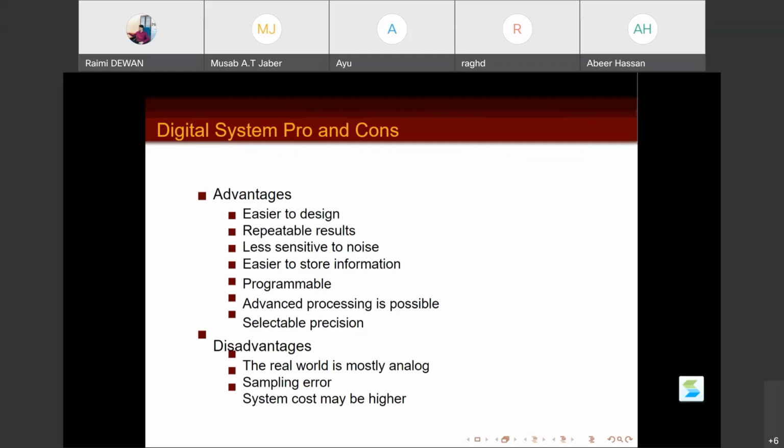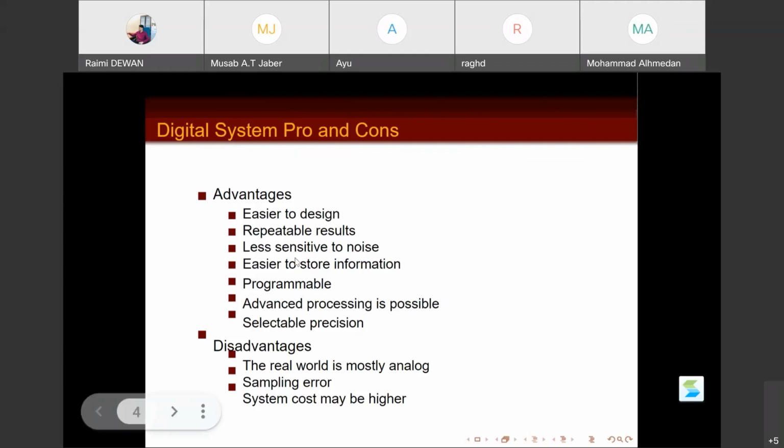Fluctuation can happen, so it is more prone to noise compared to digital electronics. In a digital system, we only have 1 and 0, that's it. Later on you will explore further about this noise.